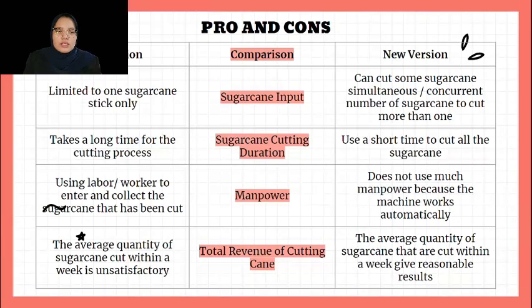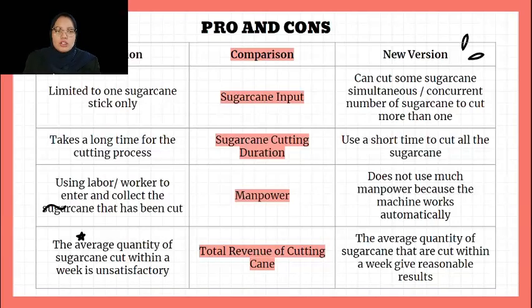The comparison in sugarcane input: the old version can cut 1 stick per process and the new version can cut 2 or more sticks per process. The comparison in sugarcane cutting duration: the old version takes a long time and the new version can shorten the cutting process. The comparison in manpower: the old version used much more manpower compared to the new version.